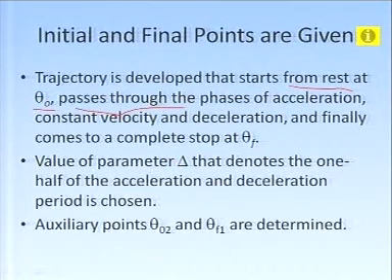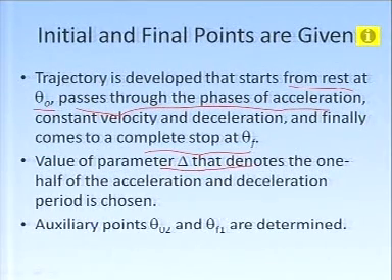It passes through phases of acceleration, constant velocity and deceleration, and finally completely stops at theta f. So, a value of parameter delta that denotes 1/2 of the acceleration and deceleration period is chosen. And auxiliary points theta 02 and theta f1 are determined.